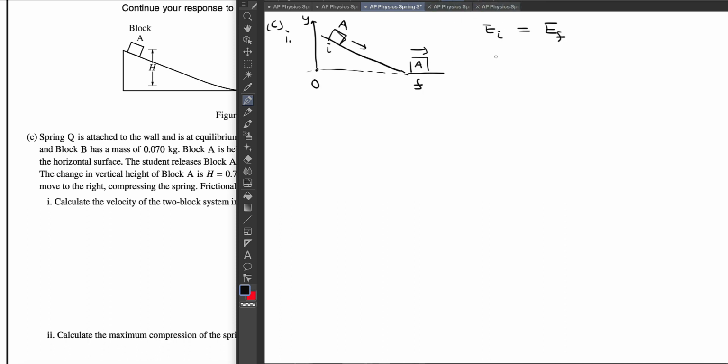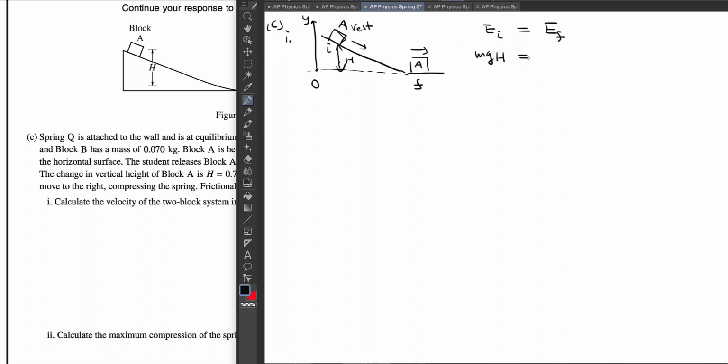Okay, so at the beginning, because it's at rest, the only mechanical energy component is the potential energy, so it's mgH. Okay, so capital H is the number given in the question.